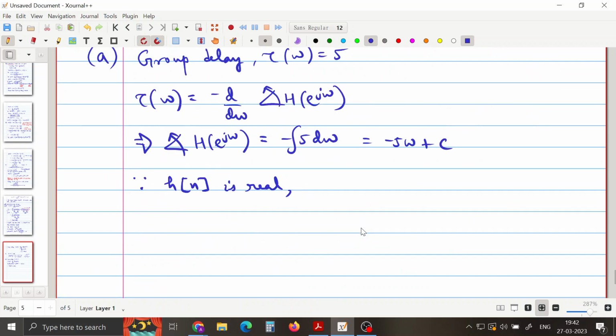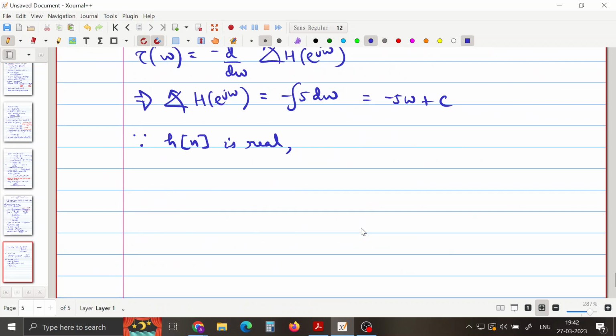So for a real valued impulse response, the magnitude response follows even symmetry and the phase response follows odd symmetry. So the phase must be an odd function.